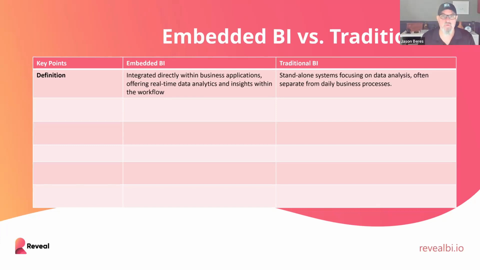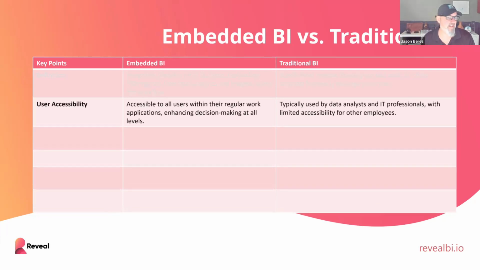So you lose a lot of time and a lot of context. User accessibility: if you are embedding BI within your application, everyone has access to those decision-making visualizations and dashboards at any level of the company. For traditional BI, it's a walled garden. Over there, the data analysts have access to it.